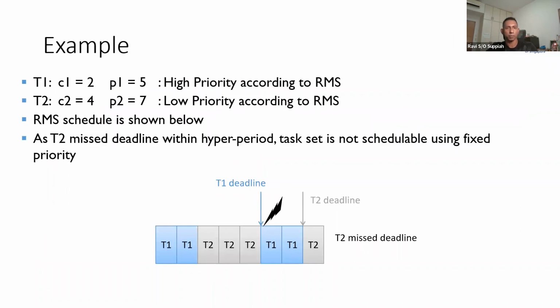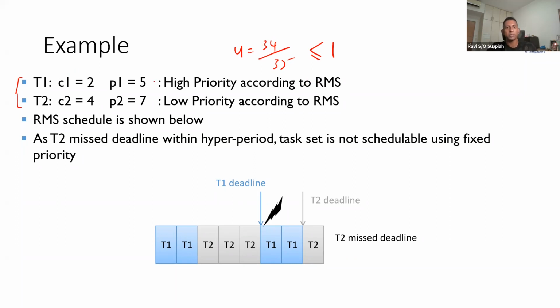So let's look at this example here. Based on this understanding, the first thing is like what we did just now. Since I have 2 tasks, and just now we saw the utilization is 34/35, the same example. Since we know utilization is less than or equal to 1, which satisfies the first criteria, we go and do the steps, which is first I assign priority based on RMS.